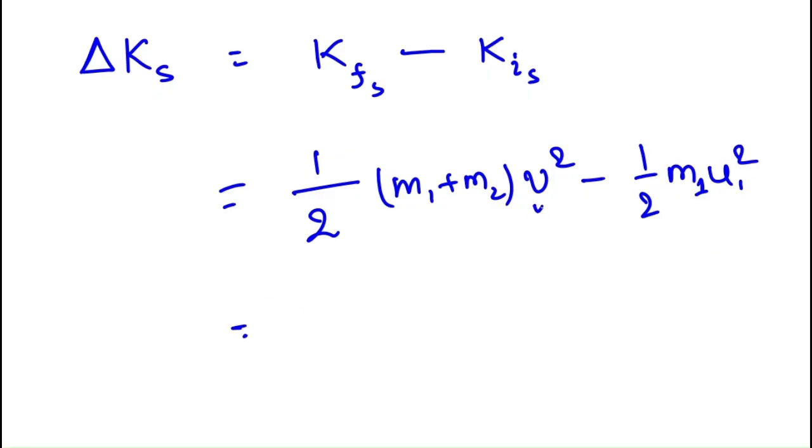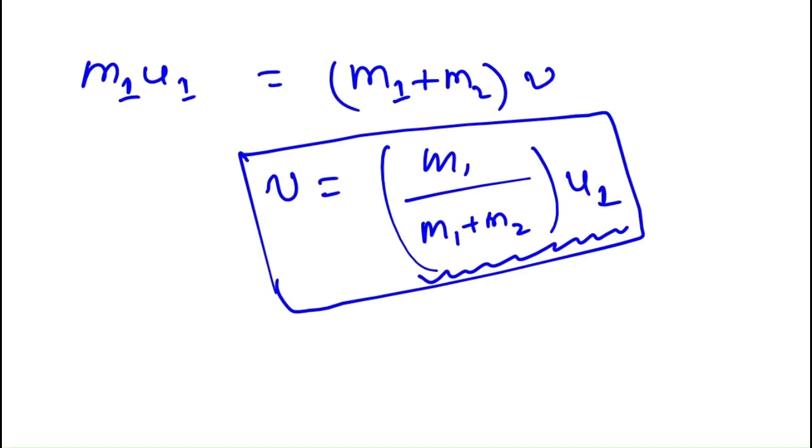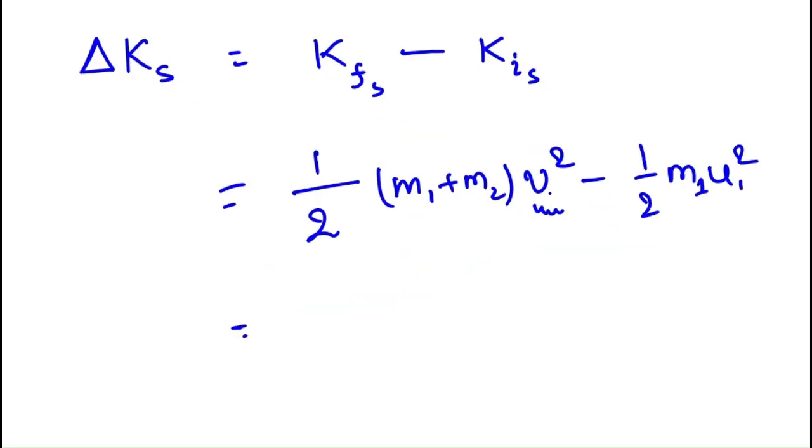And we have just found V, the final velocity of these two masses combining together and moving with a common velocity. You can put this in place of V here, and then you will get something.